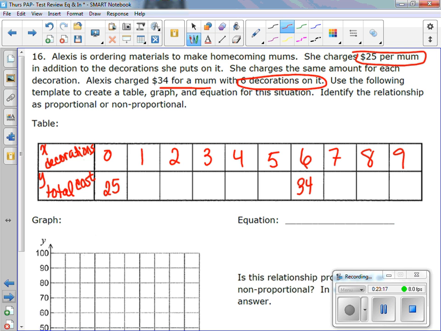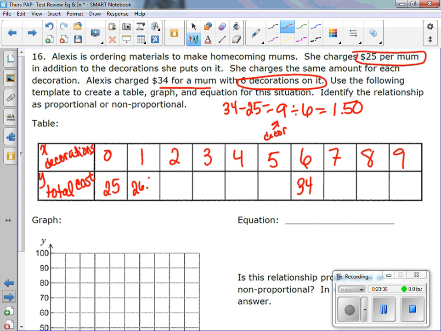So to figure out the rate of change, I'm going to do 34 minus the $25. That's going to tell me 9. This is how much she spent on decorations. How many decorations did she have? 6. So when I divide that up amongst the decorations, each one's $1.50.